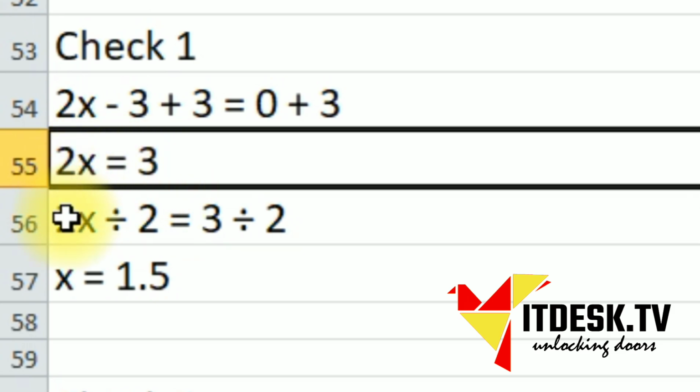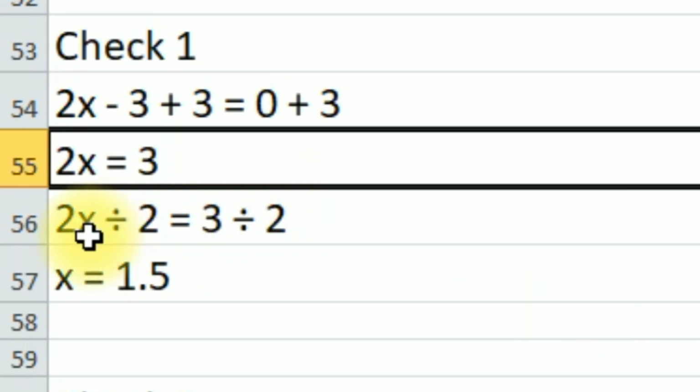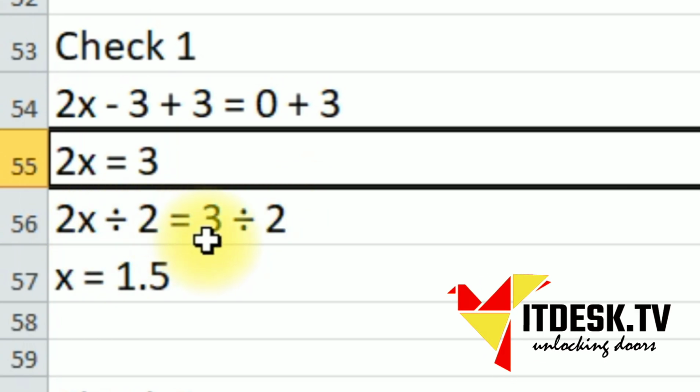Now to get rid of the 2 times the x, we have to divide by 2. And if we divide by 2 on the left side, we must divide by 2 on the right. So 2x divided by 2 is equal to 3 divided by 2. So now x is equal to 1.5, which is 3 divided by 2.